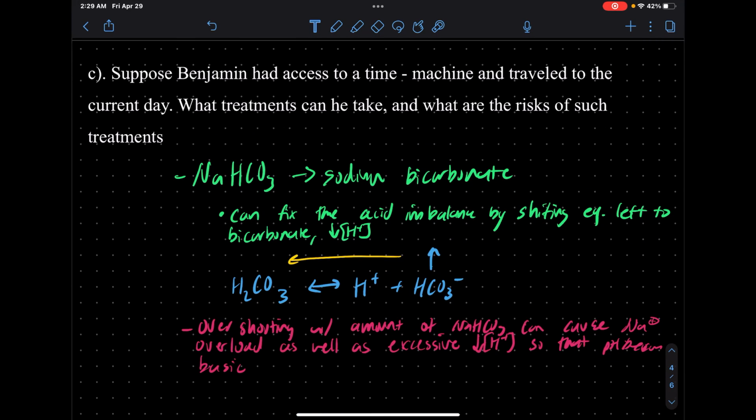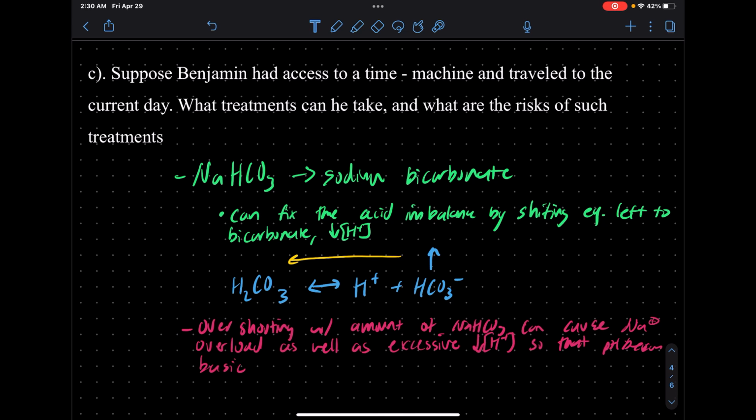And lastly, for part C, we're looking at the treatments for acidosis. The primary one is sodium bicarbonate. We can fix the acid imbalance by shifting the equilibrium left to bicarbonate by increasing the concentration of HCO3 minus. By increasing the HCO3 minus, we decrease the H plus as a side effect, and this will hopefully fix this acidosis.